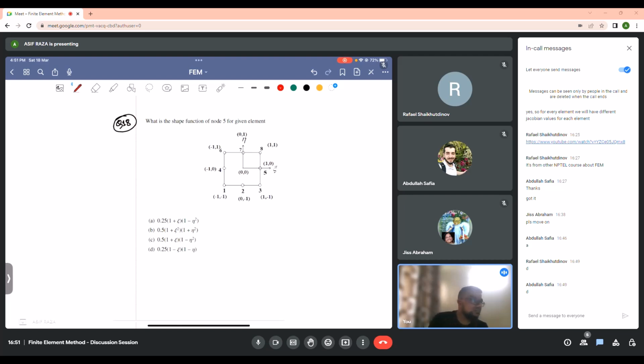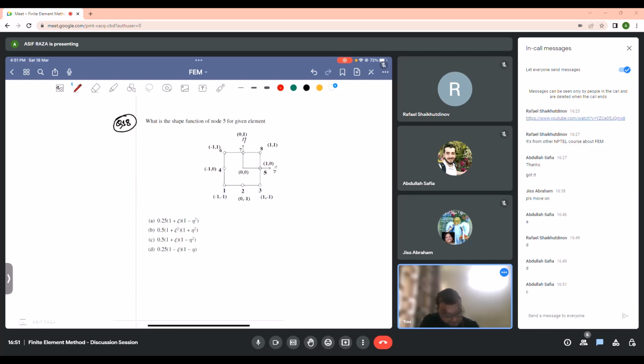What is the shape function of node 5 for the given 9 noded Lagrangian element? No, sorry, 8 noded. It's an 8 noded serendipity element. So what will be the shape function of node 5? I think you guys already know the answer.